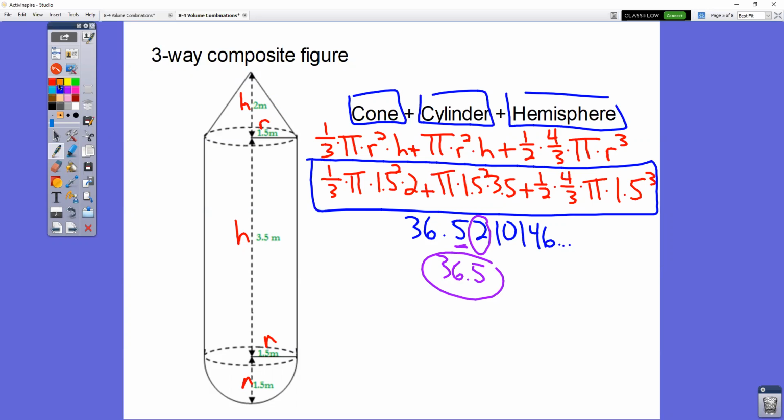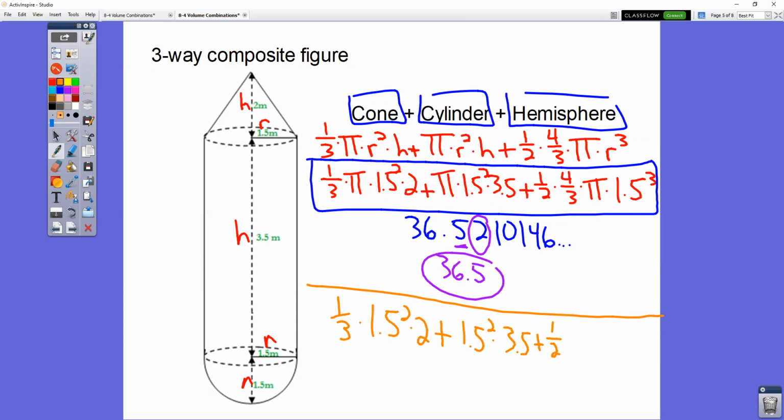If we are going to leave our answer in terms of pi, you have to go back up to this blue box and type in everything except for the pi symbols. So you have 1/3 still. You have your 1.5 squared times 2 plus 1.5 squared times 3.5 from our cylinder plus 1/2 times 4/3 times 1.5 to the third power.